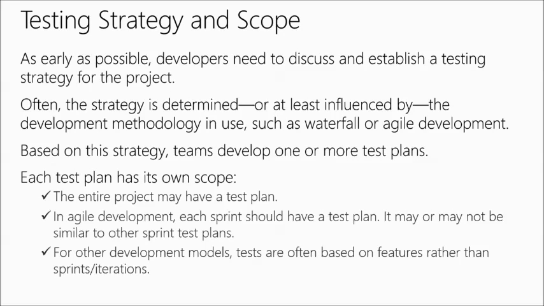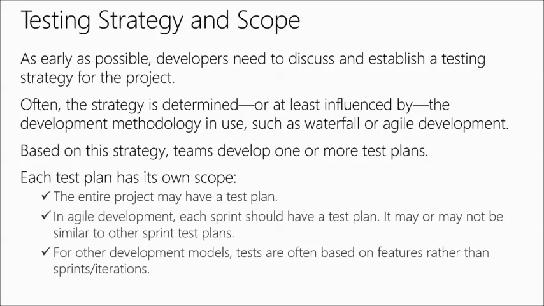So now let's talk a little bit about testing strategy and scope. As we talked about before, as early as possible, developers need to discuss and establish a test strategy for the project. It really all depends upon the methodology that you use, whether you're using Agile or Waterfall, and how that test strategy works.